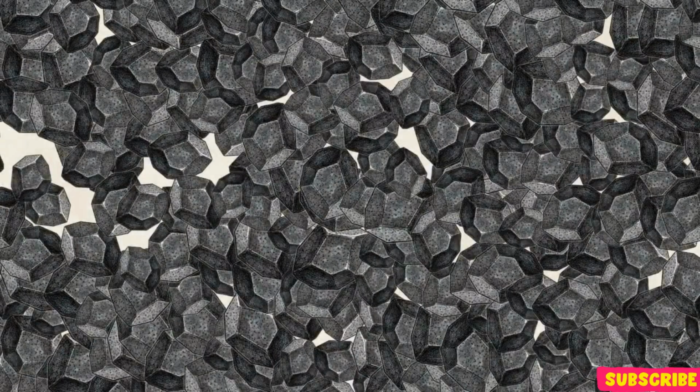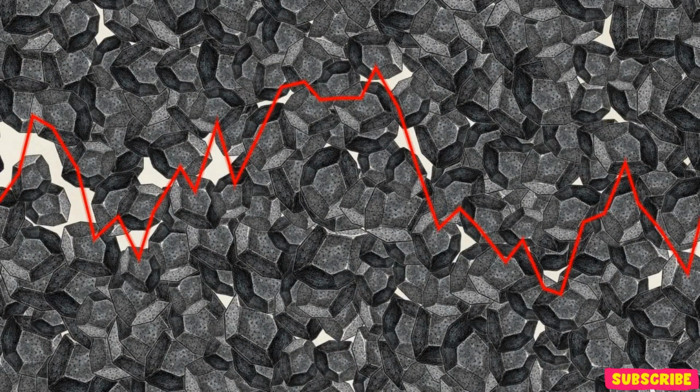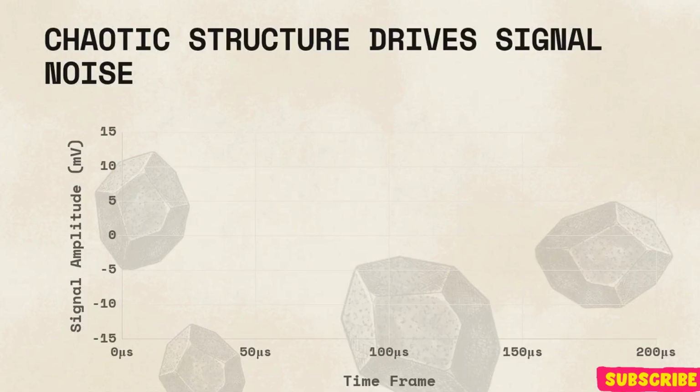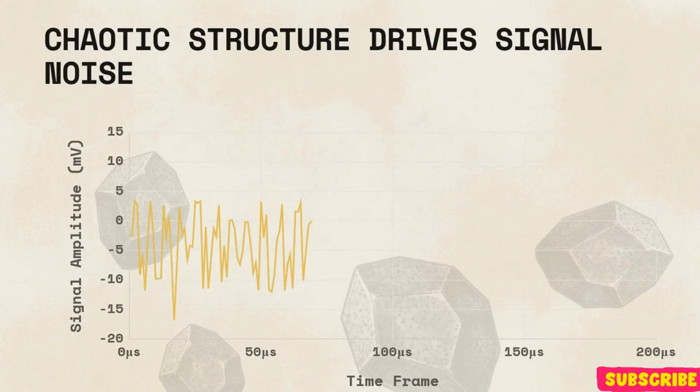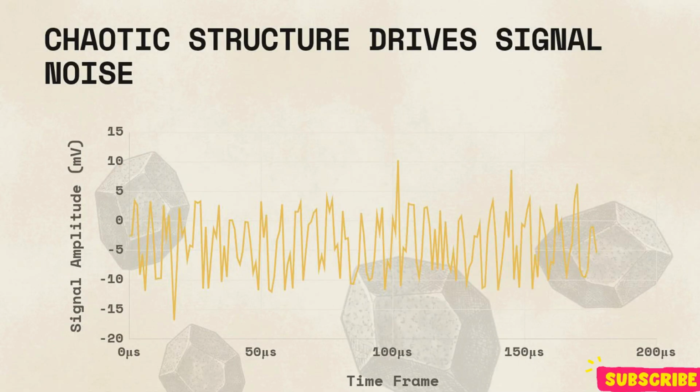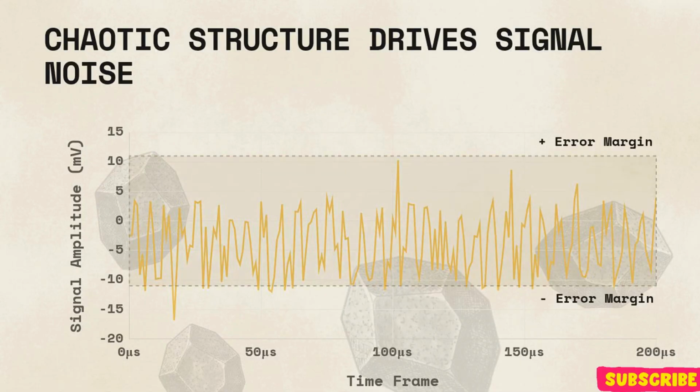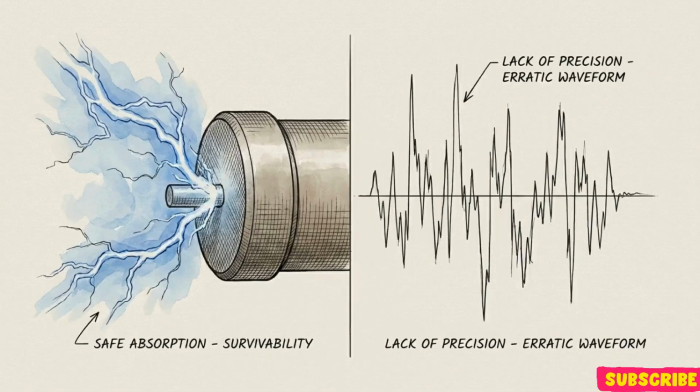Because the particulate mix is unengineered, electrons navigate an unpredictable, jagged path through the material. This chaotic flow generates significant electrical noise and high margins of error in the component's true resistance value. The bulk structure sacrifices signal precision for raw survivability against power surges.